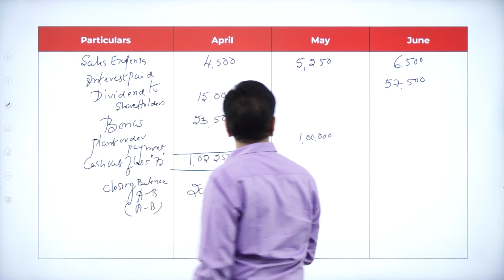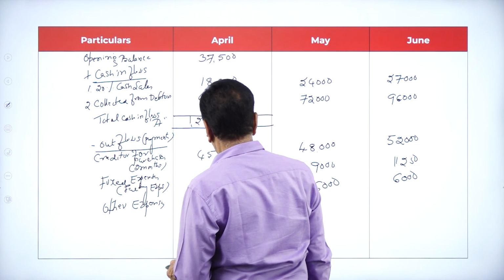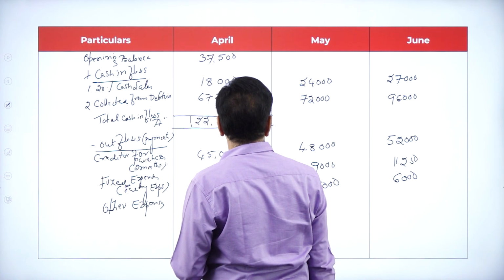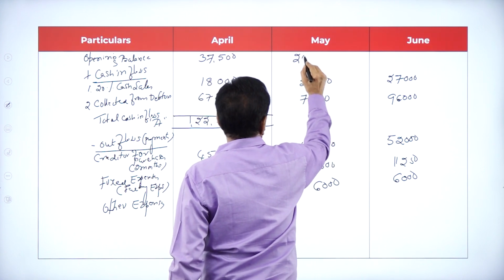This becomes the opening balance for next month. This is how much? 20,450.